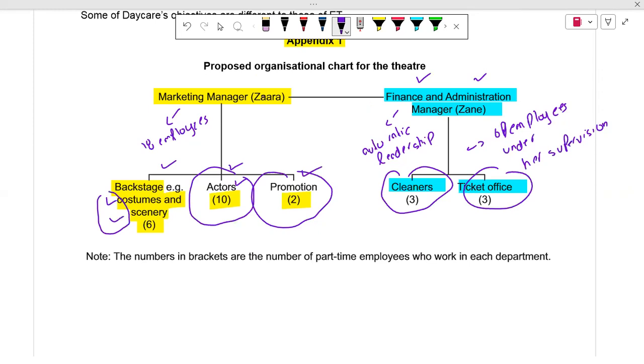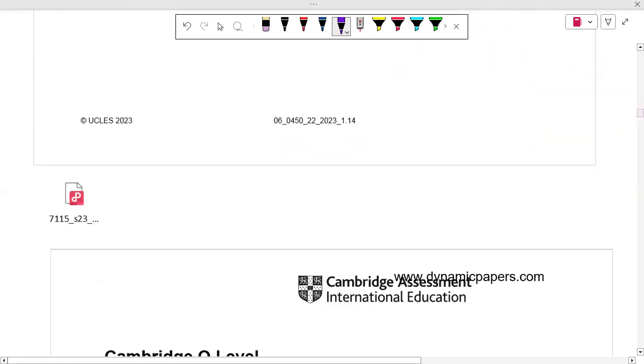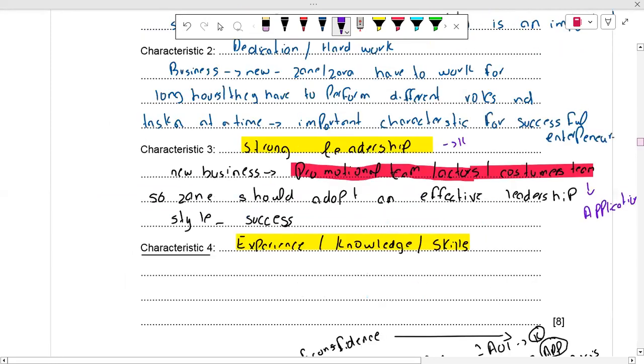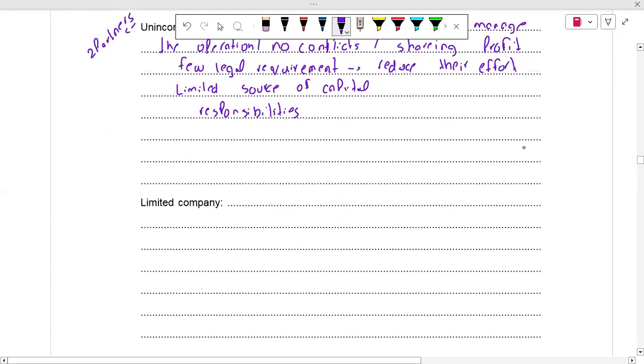So even if Zara is doing her work perfectly, she still has to bear the loss. Responsibilities are divided between the partners, so if one partner makes mistakes, the other partner has to face the repercussions of the other partner's mistake. So this is the negative thing.